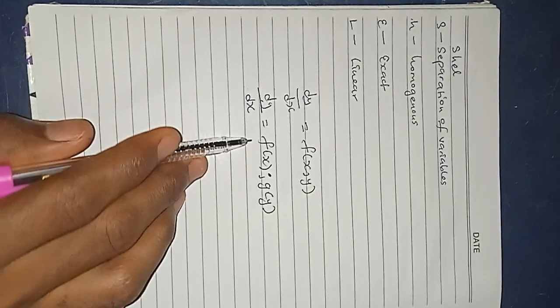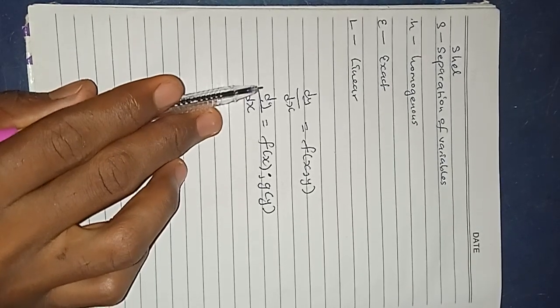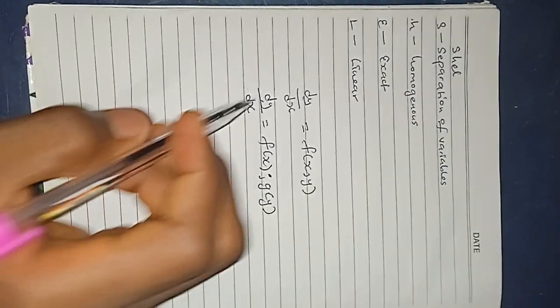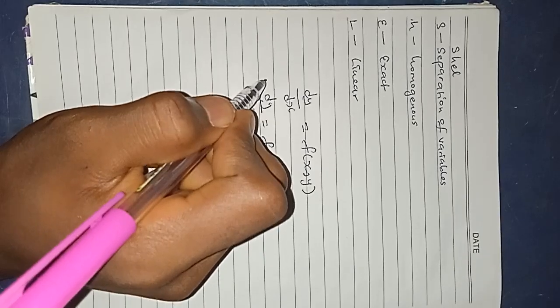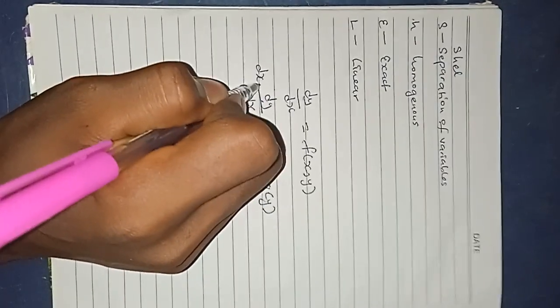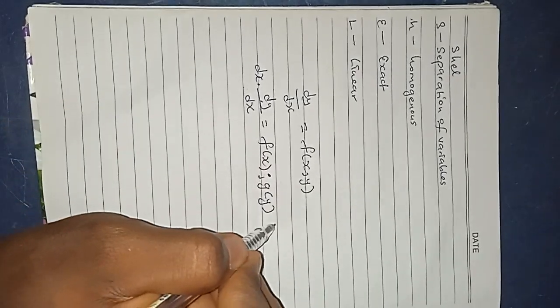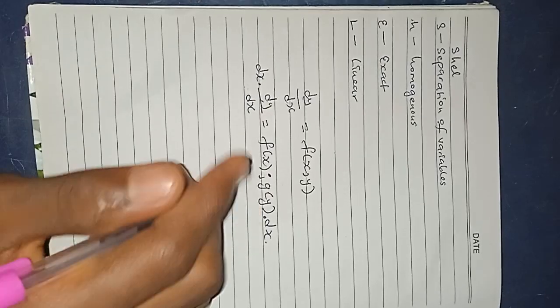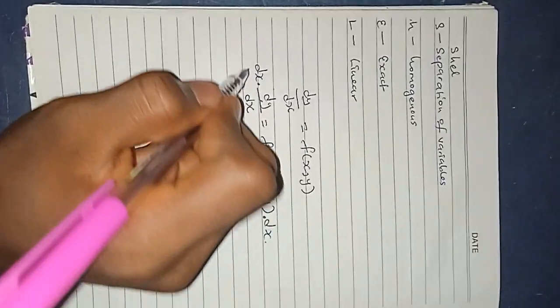To do this, you multiply both sides by dx, then you divide both sides by g of y.